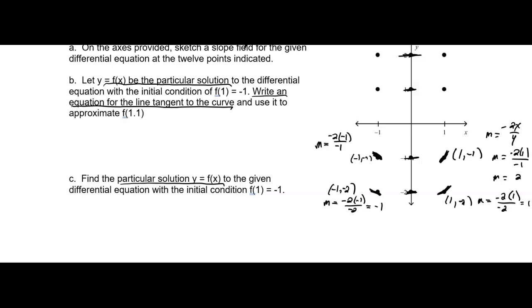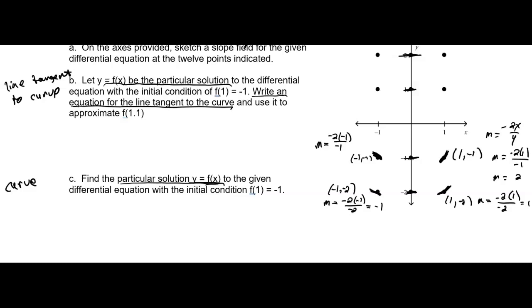Letter C is actually asking you to find the curve. So two completely different ideas, and it's not that difficult on that day with all the stress to get those two things mixed up.